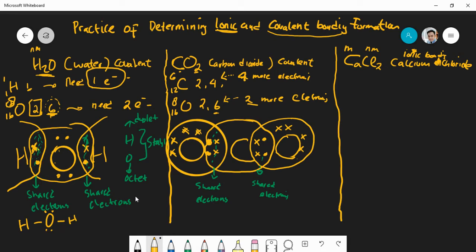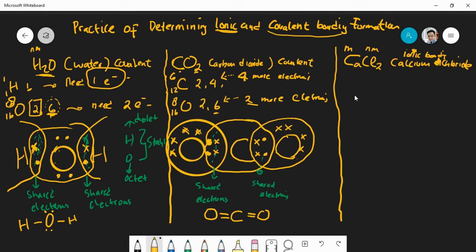While in CO2, because there are two pairs, you get a double bond between carbon and oxygen. This is also two pairs or four electrons, so we have a double bond as well. Double covalent bonding.